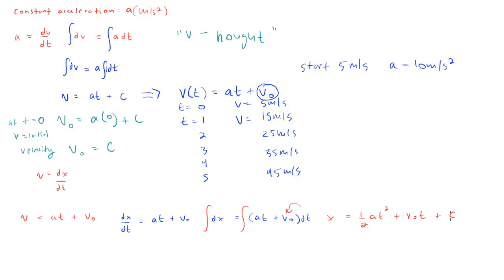And then our constant, in much the same fashion as the initial velocity, you can say that you start at some position x sub 0. If you start at x sub 0, that means that you have t equals 0. If you plug in t for both of those, you end up with c equals x naught.